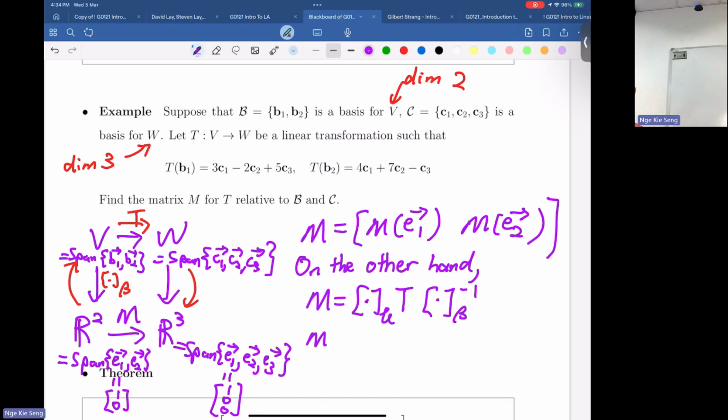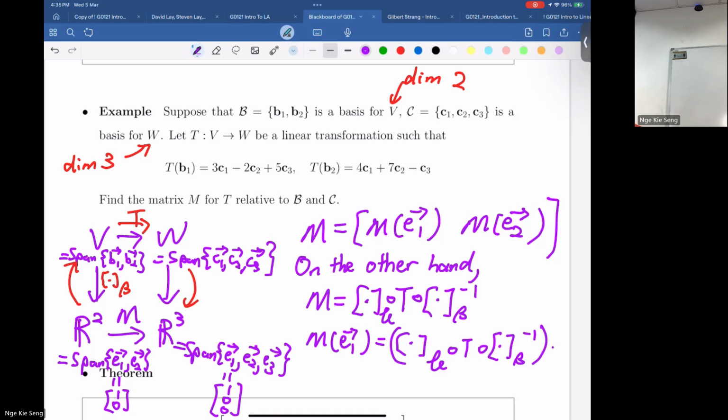We apply it on E1 first. Look at here. Where should E1 go?